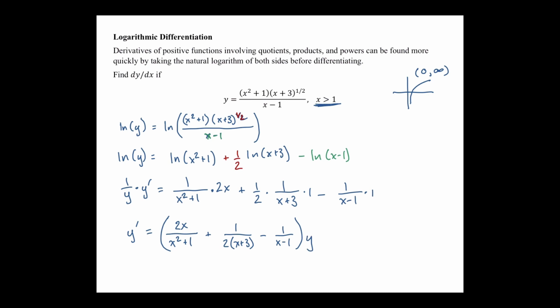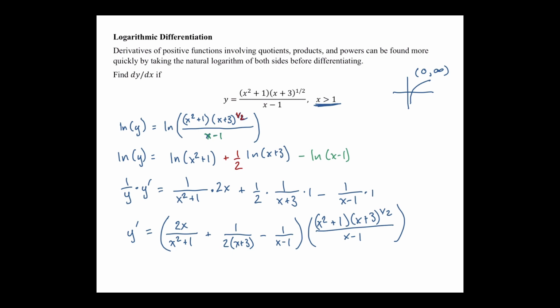Technically, this should stay as a function of x, so instead of writing y, we should go ahead and multiply this by our original function, x squared plus 1 times x plus 3 to the 1/2, all of that over x minus 1.